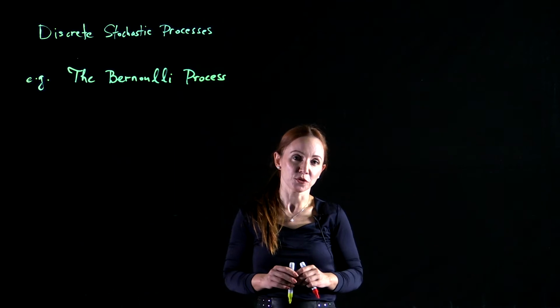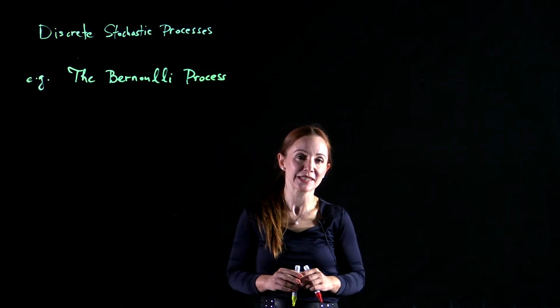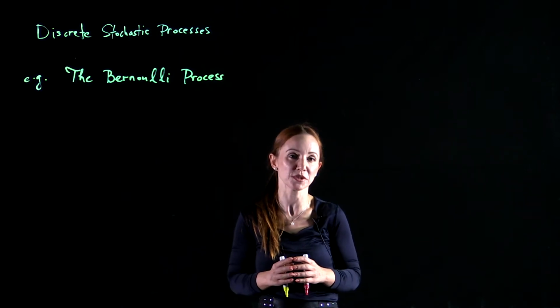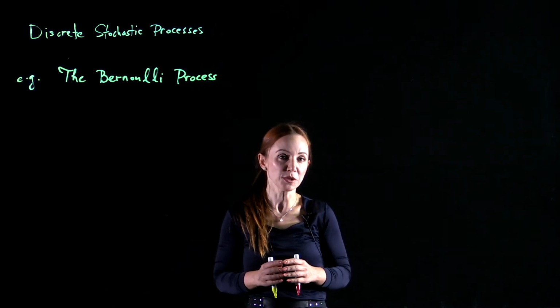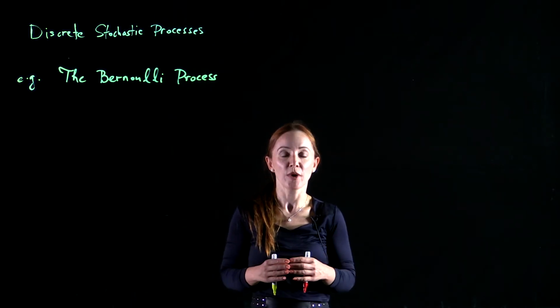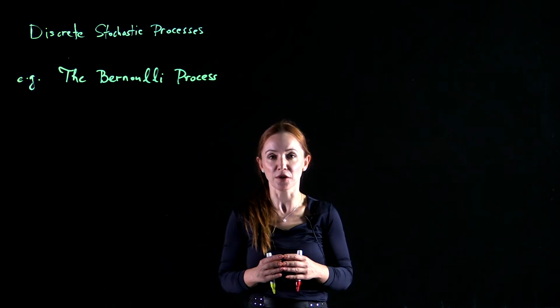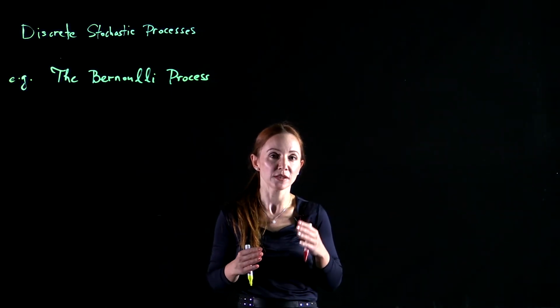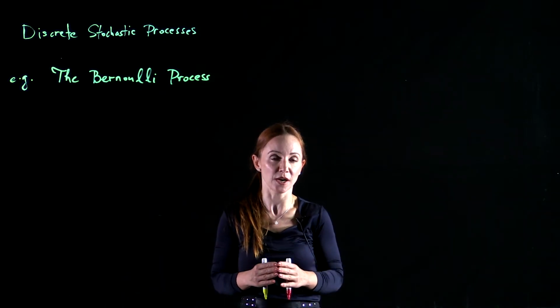A discrete stochastic process is essentially an infinite collection of random variables from the same sample space, and it constitutes a sample path, where the discreteness is from the fact that changes occur at discrete instants in time.